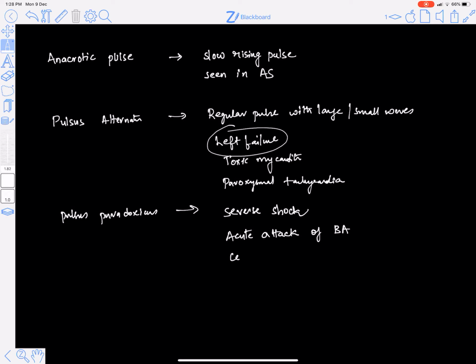It is also seen in the case of constrictive pericarditis, and the most important point is seen in the case of cardiac tamponade. Okay, so this is the most commonly asked NBE question, so please do make a note about these two important points which are previously asked several times.